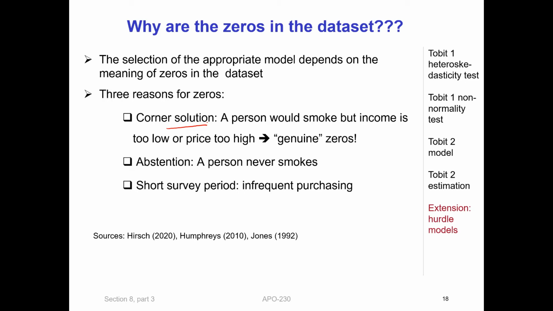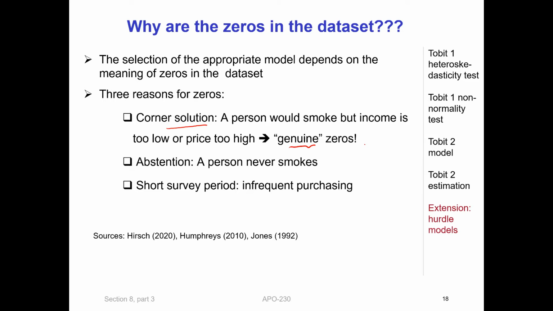Therefore, he, or technically she, will deliberately decide to consume zero tobacco. In the case of the corner solution, this is called the true or genuine zero. It's a decision taken, and it's really a zero consumption.